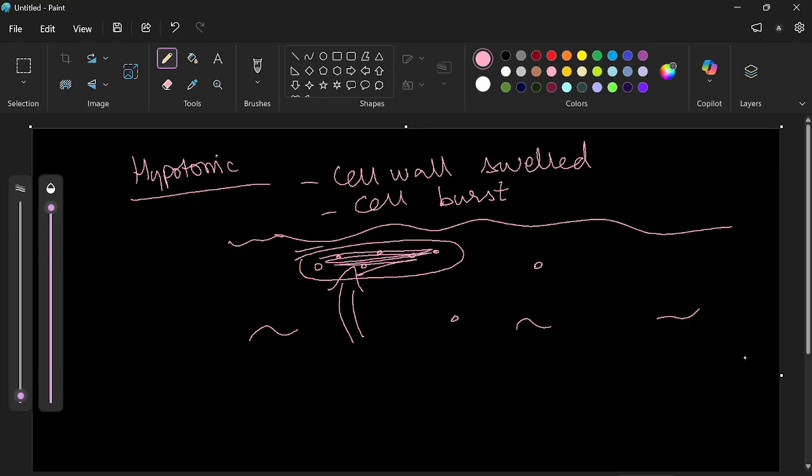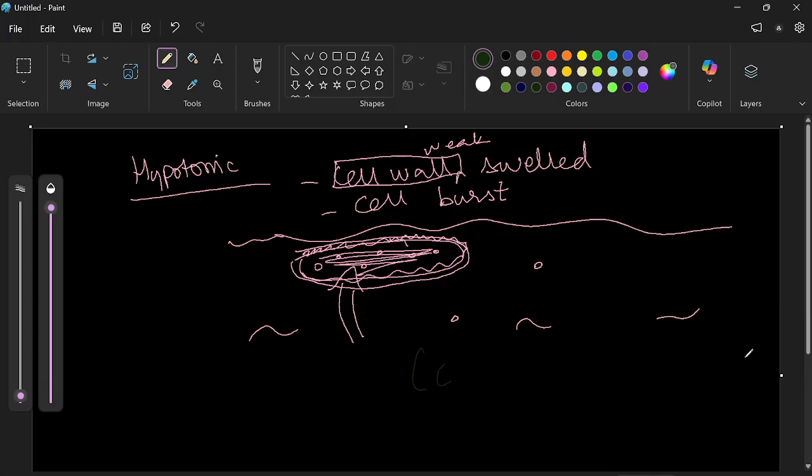One function of the cell wall is to protect the cell from osmotic lysis. So if the cell wall is weak, it will become swollen and be destroyed, and the cell can no longer prevent osmotic lysis and it will burst.